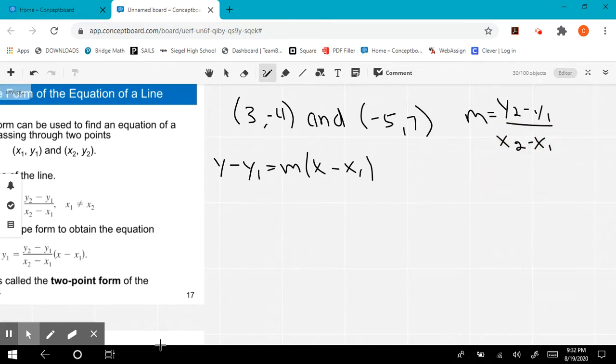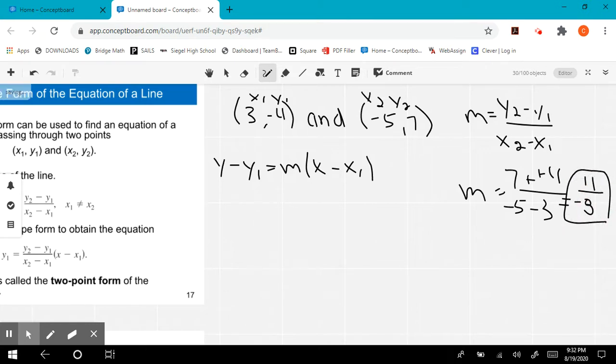I can pick whatever; either one can be x1, y1, and either one can be x2, y2. So I find my slope: 7 minus a -4 over -5 minus 3. What's that going to be? 11 over -8. So there's our slope, -11/8, and that goes right there.